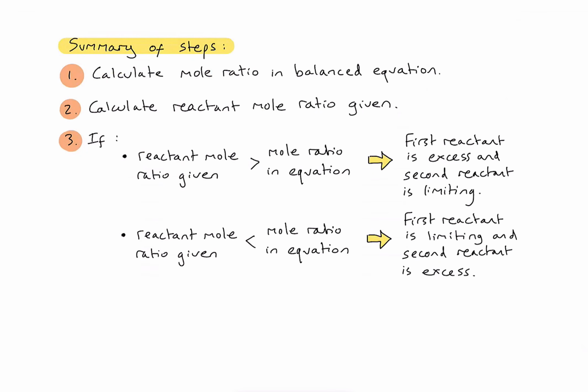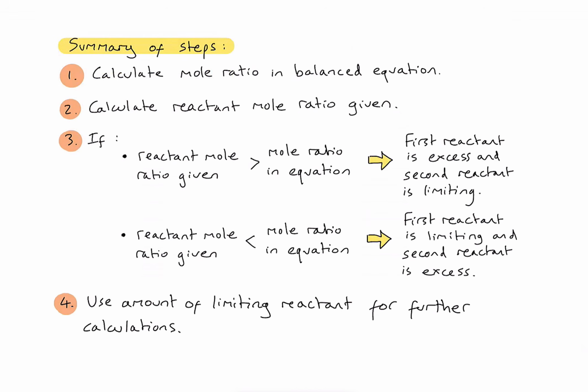And the final step that you can check out in other videos is that once we've identified the limiting reactant, that is going to be the amount we use for further calculations. So that might be calculating the amount of products that are produced in the reaction, and we can also use it to work out how much of my excess reactant was used up, and then I can take that one step further and work out how much is left over or in excess.